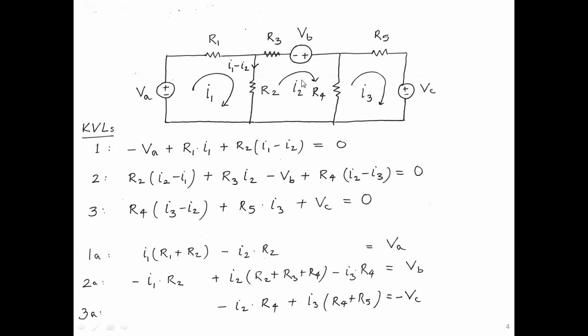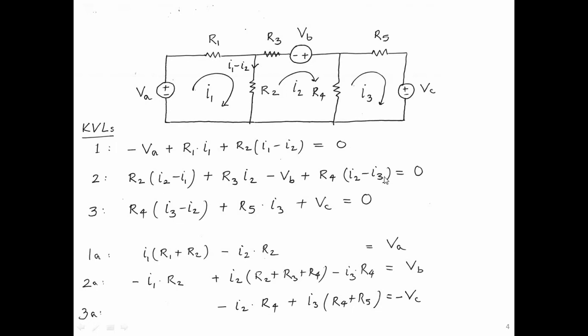For the second mesh, let's start here. We are going up in R2, so the voltage drop is R2 times (I2 minus I1), because the voltage drop down is I1 minus I2 and the voltage drop up is I2 minus I1, plus R3 times I2 minus VB plus (I2 minus I3) times R4.